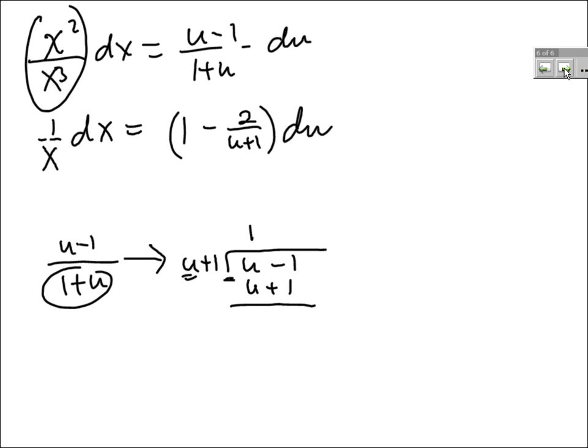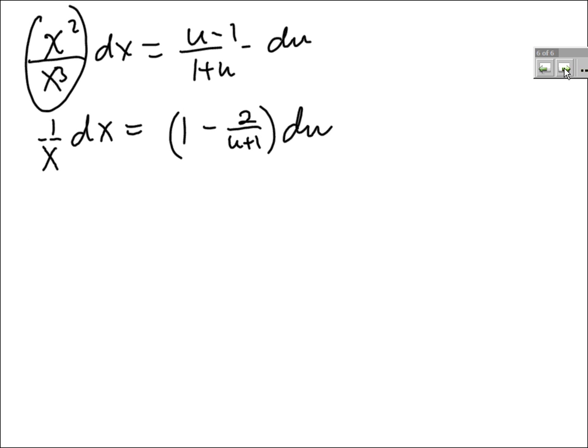And then when I subtract, this cancels, I get minus 2. So it's 1 minus 2 over u plus 1. For the record, u plus 1 doesn't go into 2 or negative 2. That's the remainder. If you notice, it's the exact same thing that we got. However you do it, you have to do it.